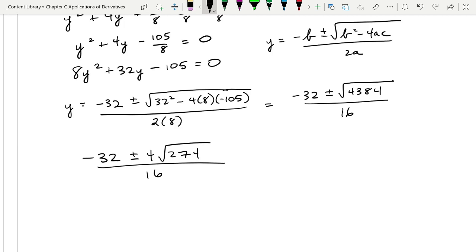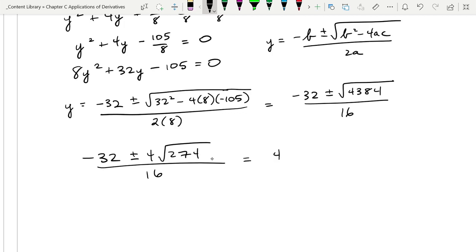You could factor a 4 out of both of these things. So you have yourself negative 8 plus or minus, actually, wait a minute. Let's do this better. We can factor a 4 out of both of these things.